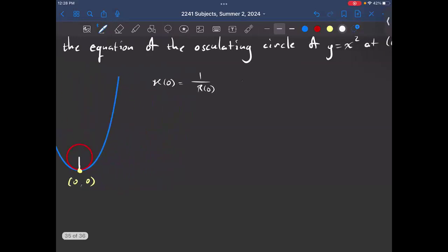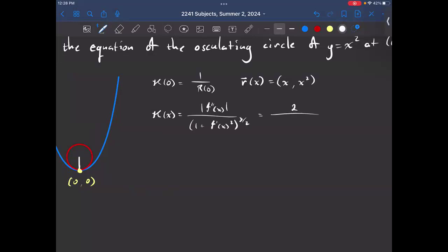And the curvature we have a formula for. So again, if we parameterize with x as the parameter, we have this, and then our curvature formula says, all right, absolute value f double prime over 1 plus f prime squared to the 3/2. If we go through this, we remember from before that this is 1 plus 4x squared on the bottom to the 3/2 with a 2 on top.